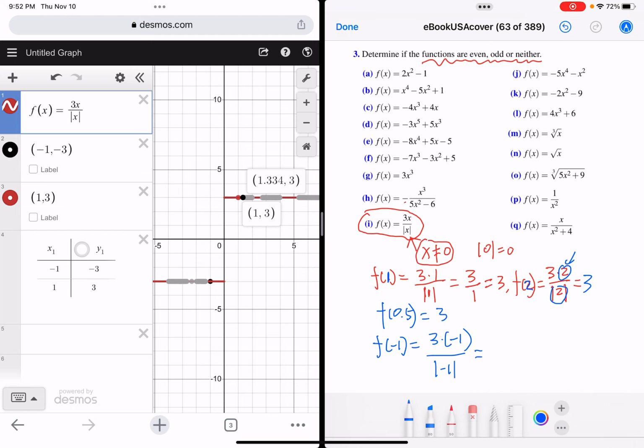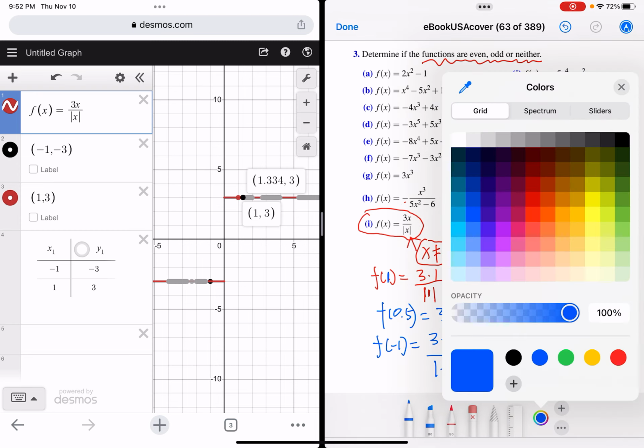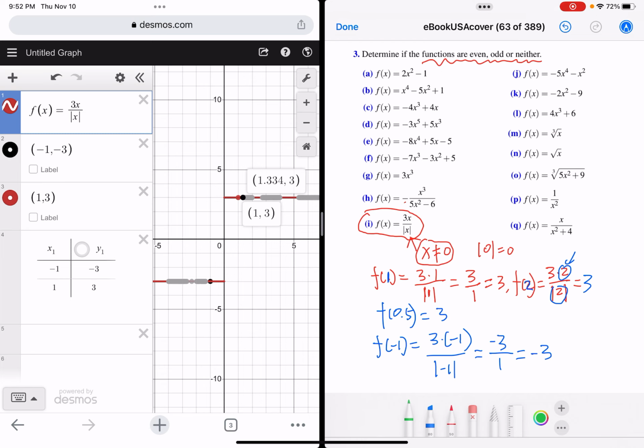So you have 3 times negative 1 is negative 3. Downstairs you choose the absolute value, so you have a 1, you have a negative 3. Okay, I did here for negative 1. You may do negative 2, you still have negative 3. Okay, so that's why I did the second point.